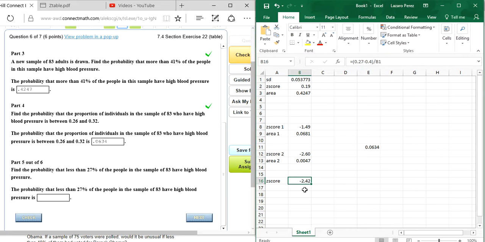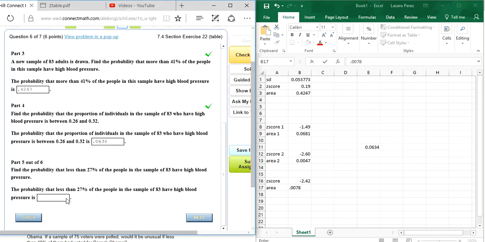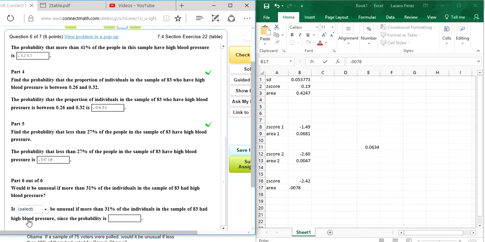So negative 2.42. That would be our area: 0.0078. Perfect. Just for 7.4, as long as we use our formula to get our standard deviation, then our z-score formula, those are the only things we're doing.